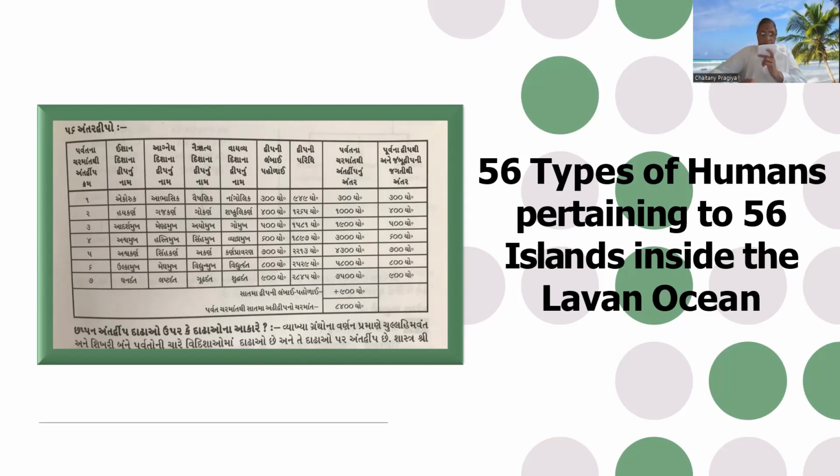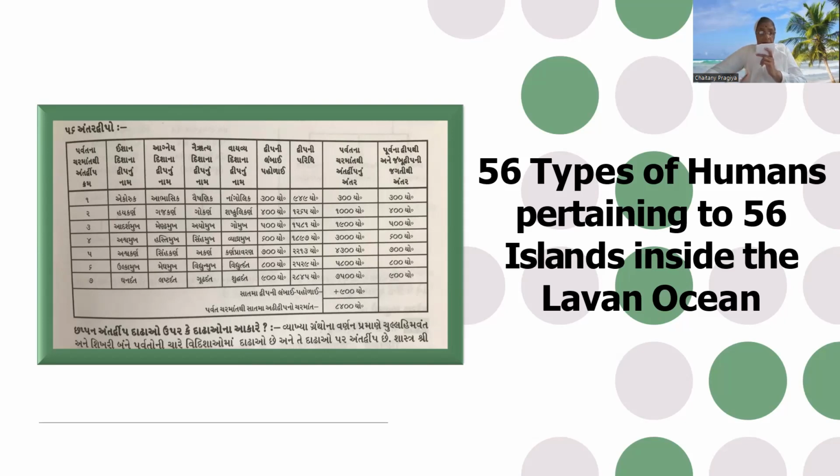Though they are human beings, they look very different from the human beings we are familiar with. Some human beings have just one thigh or one leg. Some have ears like a horse. Some have ears like what we call a circular mirror.